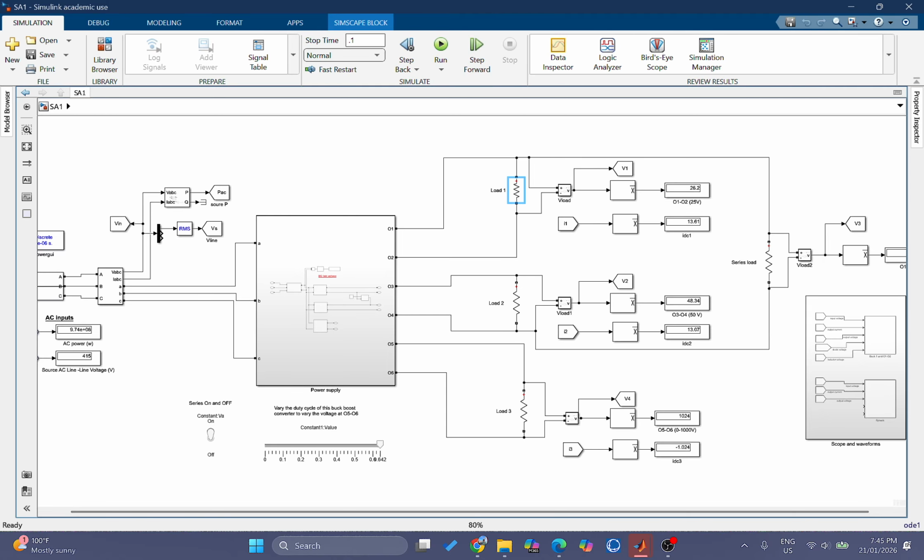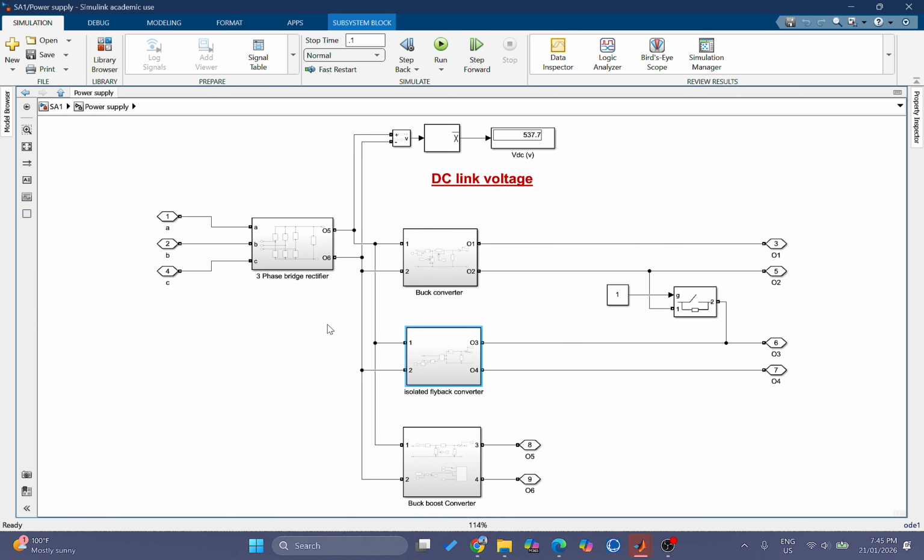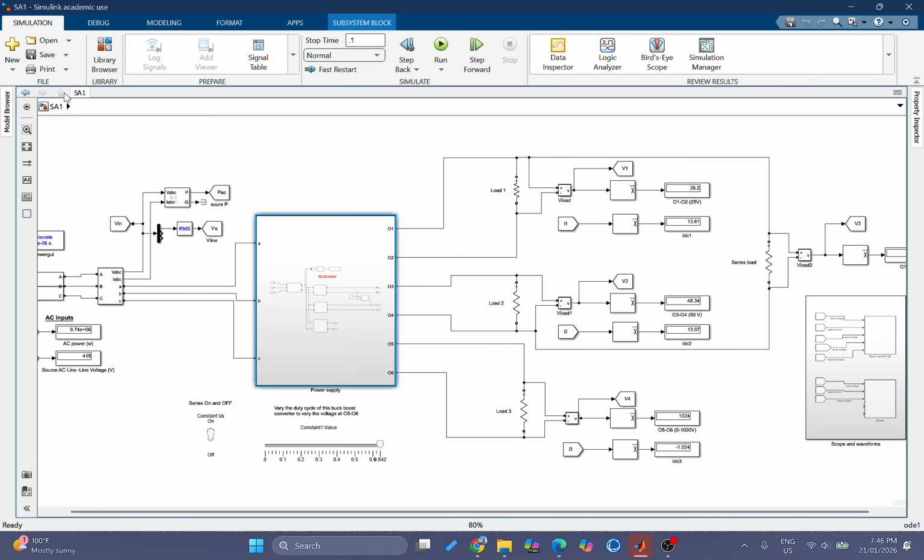Okay, now finally the buck boost converter. The output 5 to output 6, or output 3, should be a variable voltage output.